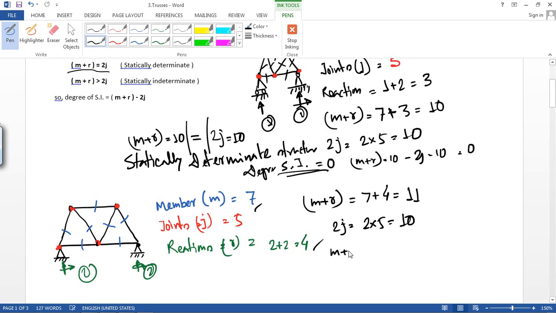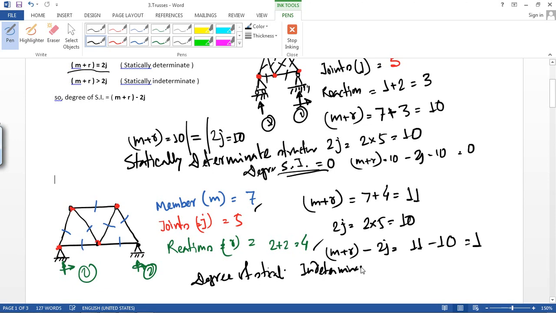So M plus R minus 2J is equal to 11 minus 10, which is 1. So the degree of static indeterminacy is equal to 1.